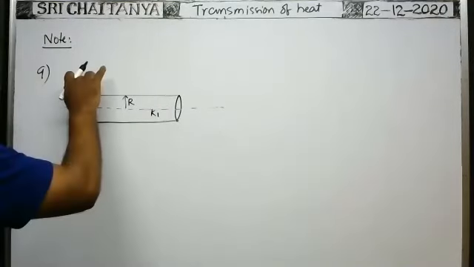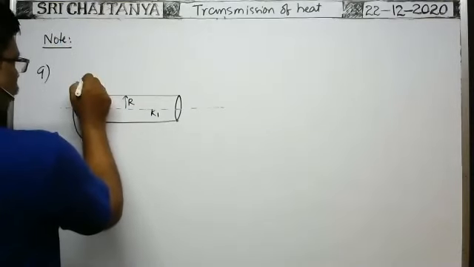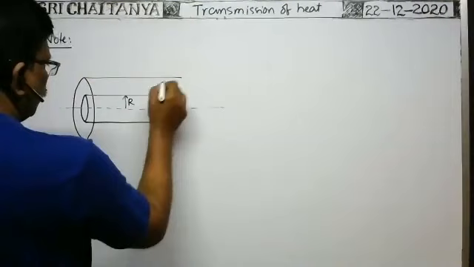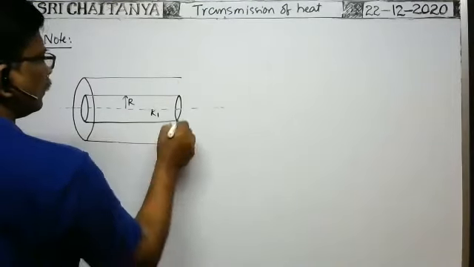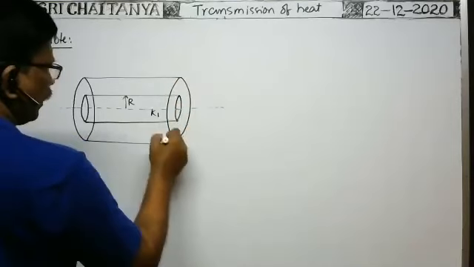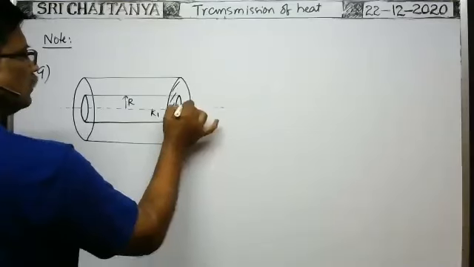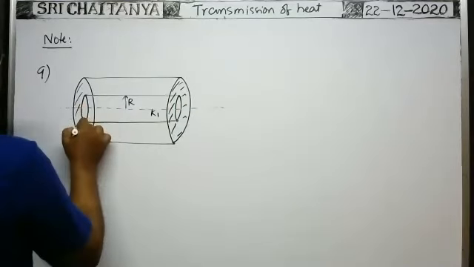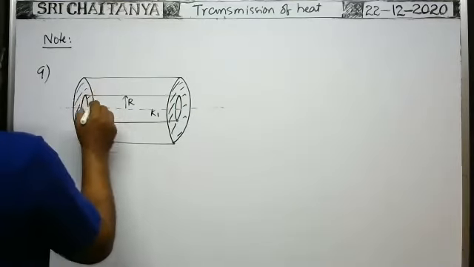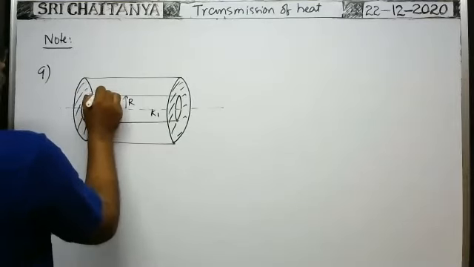It is surrounded by a cylindrical shell of inner radius R and outer radius 2R. It is surrounded by another cylindrical shell having inner radius R. Here, this is the shell, inner radius R and outer radius 2R.